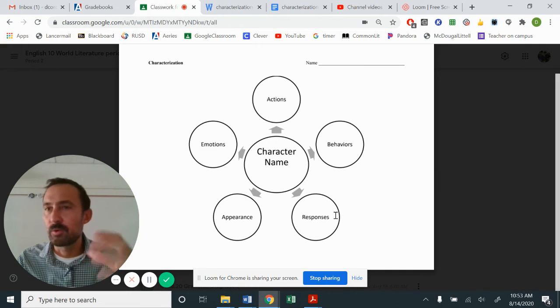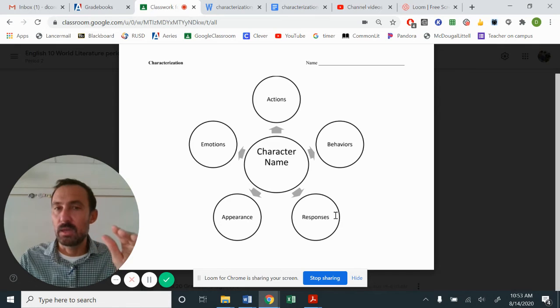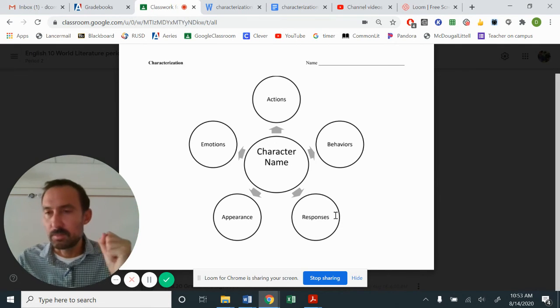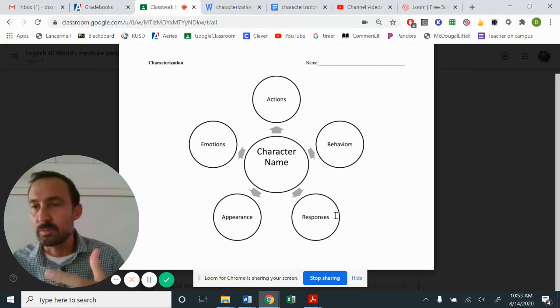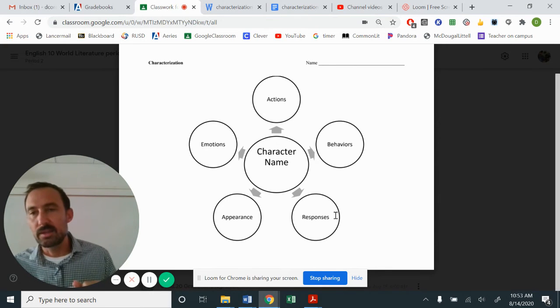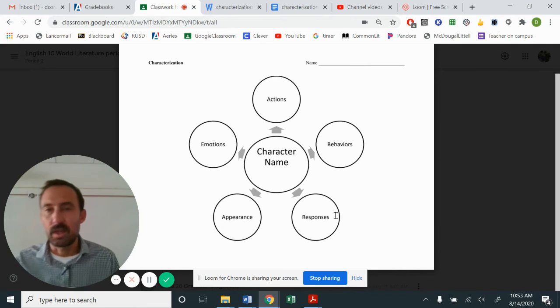And this might be purposeful when they interact with people or when they are faced with a conflict of some kind. So the man falls overboard. He has to swim to the island. His response when he first gets there is to find food and water. That's his response. So you might put down his response as being resourceful. It's the idea of how do they respond and what is their action.